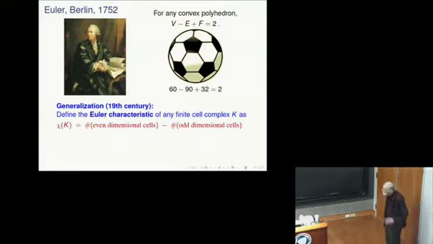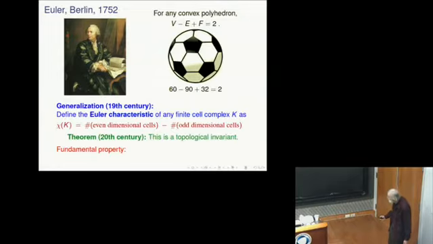So in the 19th century, one generalized it to any, not necessarily convex, polyhedron or cell complex. You can just count the number of even dimensional cells minus the number of odd dimensional cells and get a number which seems to be invariant. And then in the 20th century, it was proved that this is a topological invariant.